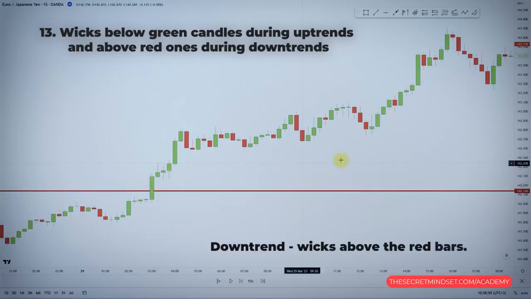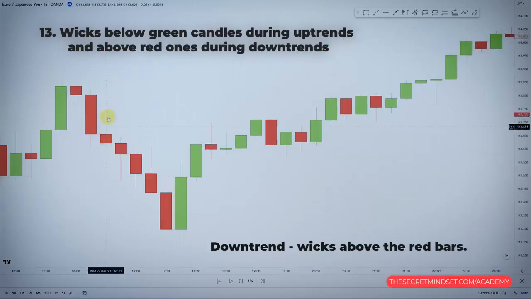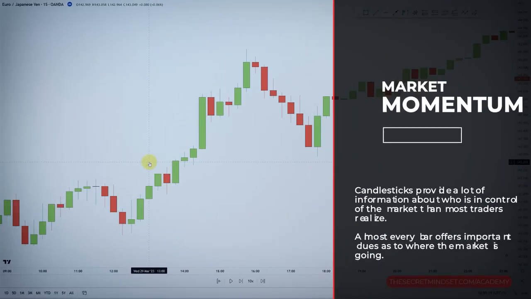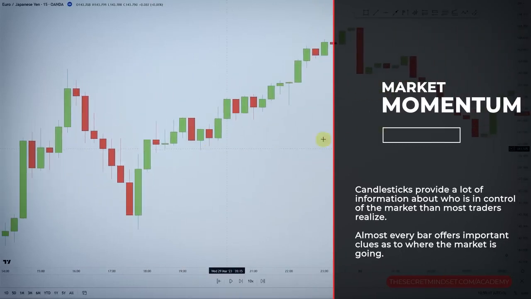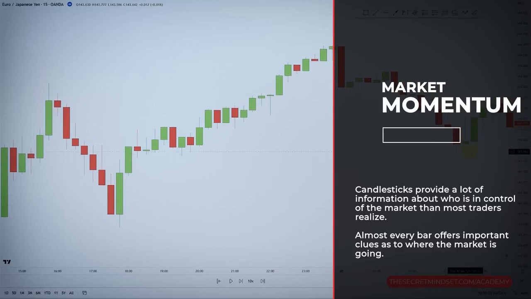You will also see a lot of wicks above the red bars in a strong downtrend. This shows that the sellers are in control and are successfully pushing the prices downward despite the initial reaction of the buyers. I hope you realize that candlesticks provide a lot more information about who is in control of the market than most traders realize.